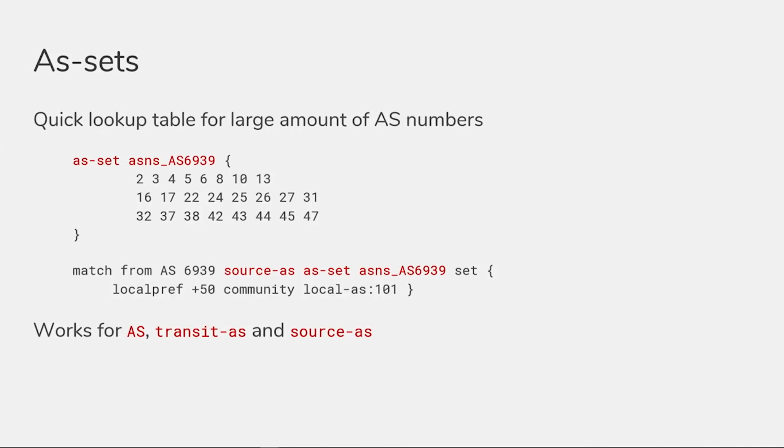So you can do a little bit of a combination. I think the normal use case is source AS. And again, it allows you to match against it, set your communities, and use that community information later on to change your behavior, or maybe even deny some prefixes because of that.